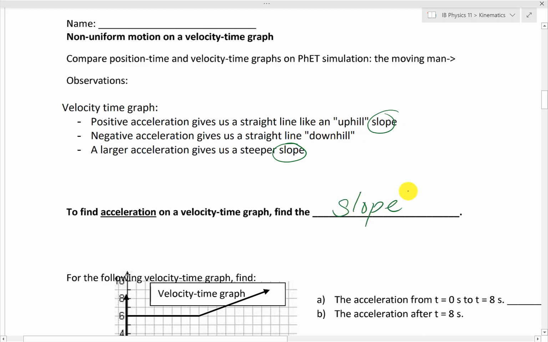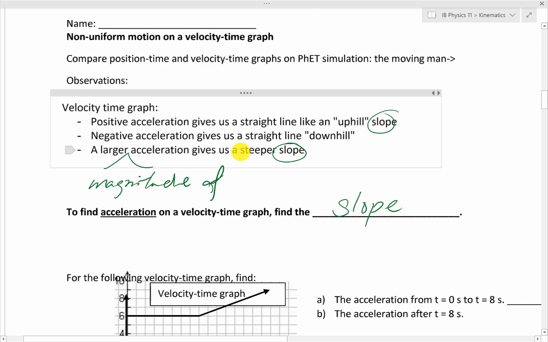So if you have a larger acceleration, and actually I need to change that, a larger magnitude of acceleration. That's only magnitude, because if it's negative acceleration, it means you have a smaller acceleration in terms of sheer value. Okay, so here we have the slope.